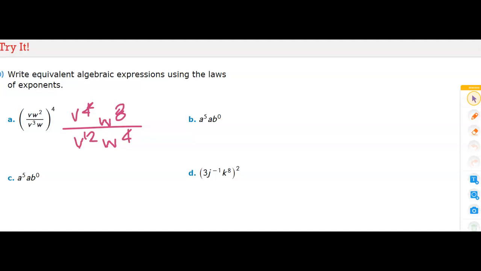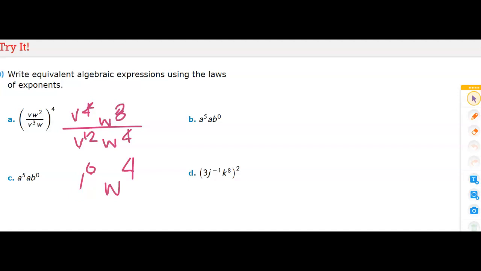So now the next step would be to simplify or to combine like terms in a sense. Because it's division, we are going to be subtracting these exponents. So 4 minus 12 for v, and for w, 8 minus 4 is 4. So our final answer would be, I didn't write that correctly.